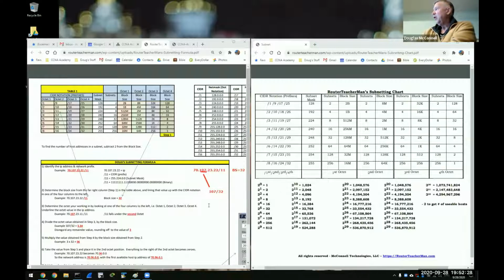Now the old way of doing that was what we call long division. I don't know if you guys remember long division. And it basically did this.